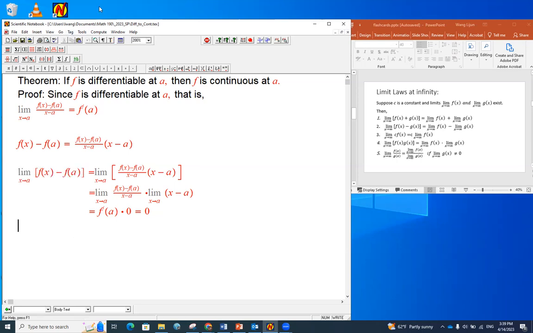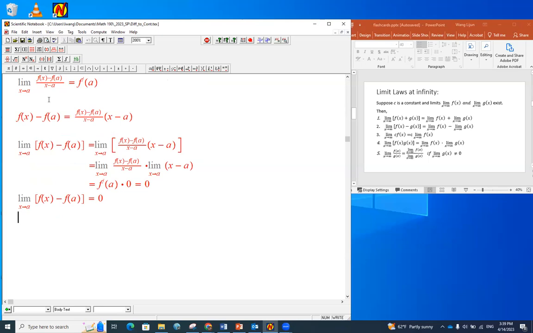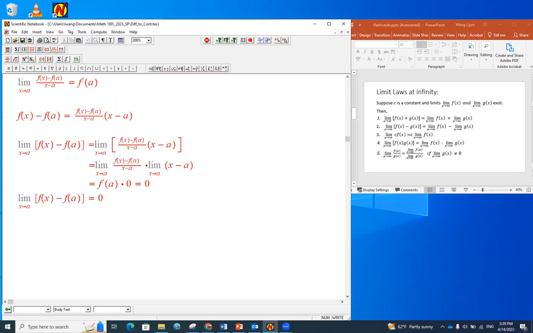What we can only say is that the difference of the limits is 0. We cannot separate these two limits. So we're going to apply another trick. Even though it looks trivial, you wonder how they think of it, right?